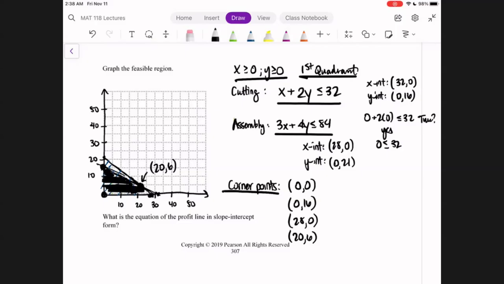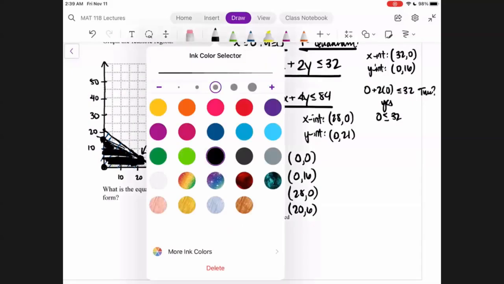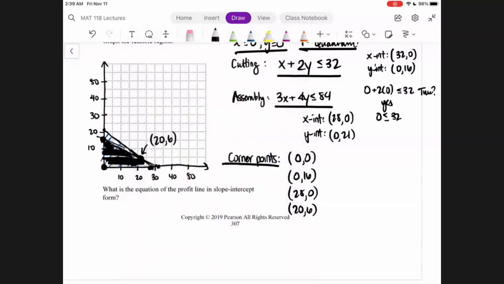One way the book approaches this is, okay, what it wants to do is take my slope, right? So we're not done yet. We'll finish the problem and we'll talk a little bit more about the theory.